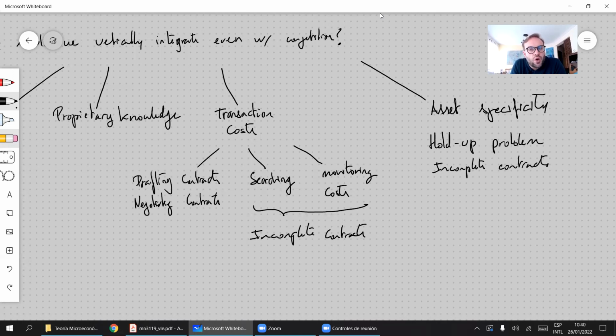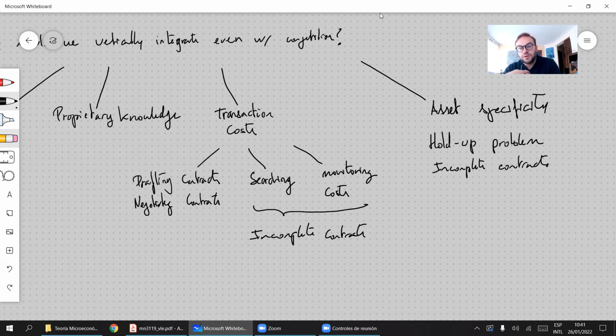That means that the asset only has value for one actor in the market. Any other actor in the market doesn't care about this asset or doesn't find any value in it. And then again, the mechanism is that once the specific asset is made, given that there are incomplete contracts, the intended purchaser of the asset can tell me, I am not satisfied with what you produced, even if it's not true.